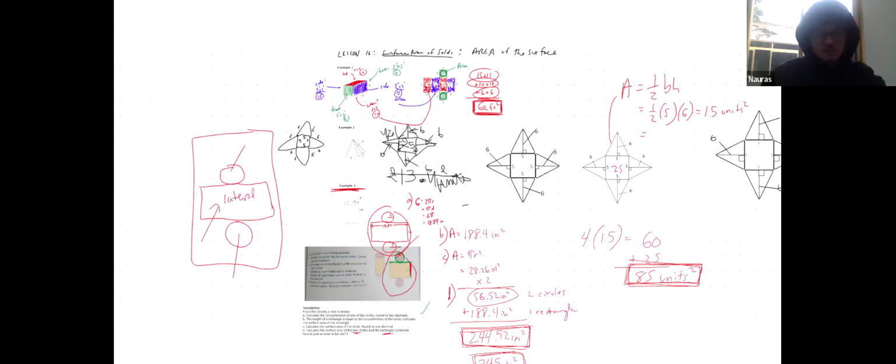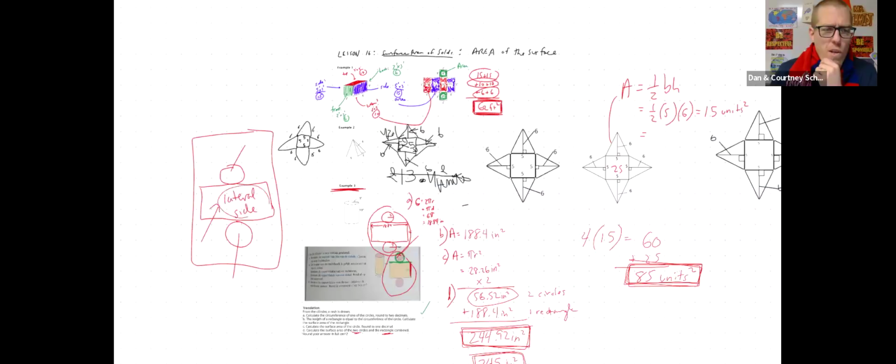And so the two blanks they're asking about are, if you're going to find the area of this rectangle, you're going to have to multiply the height by the circumference of the circle, or what they said is the blank of the base. But because the base is a circle, we have to multiply by the circumference of that circle, because the circumference of that circle is the length of the lateral side.